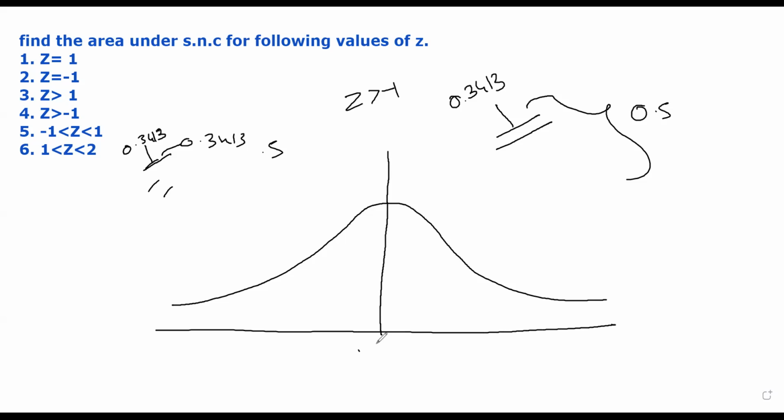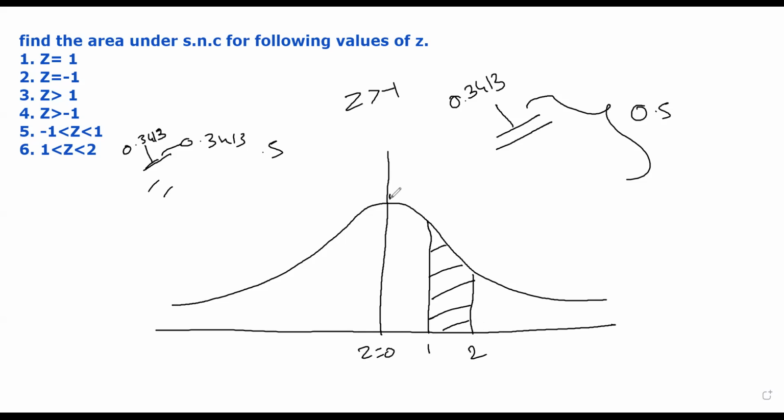It is symmetrical over the axis Z equals 0. This is 1, this is 2. I want the area between Z equals 1 and 2.